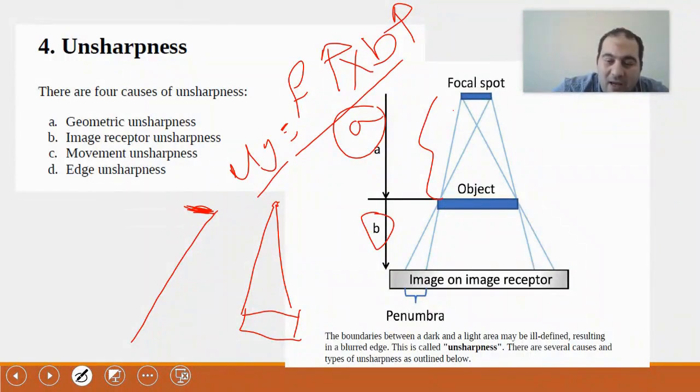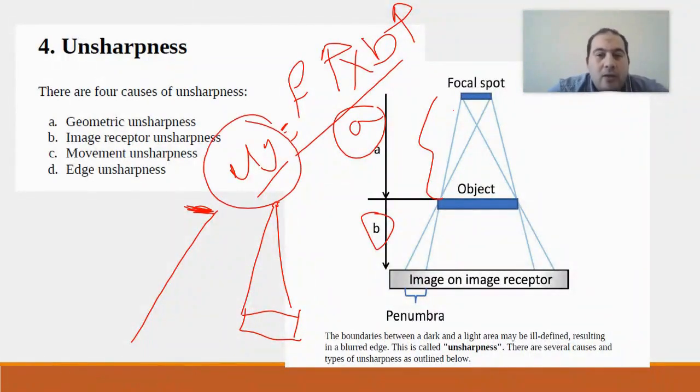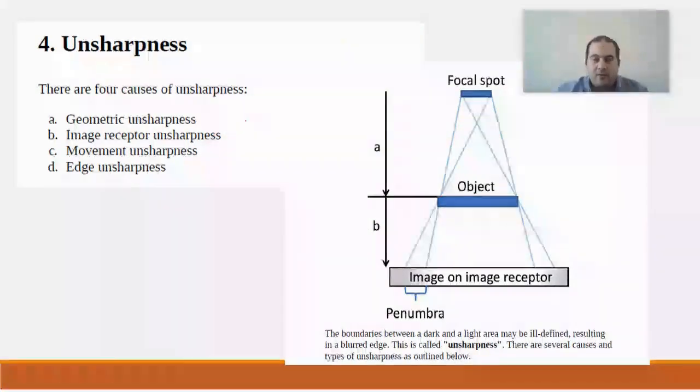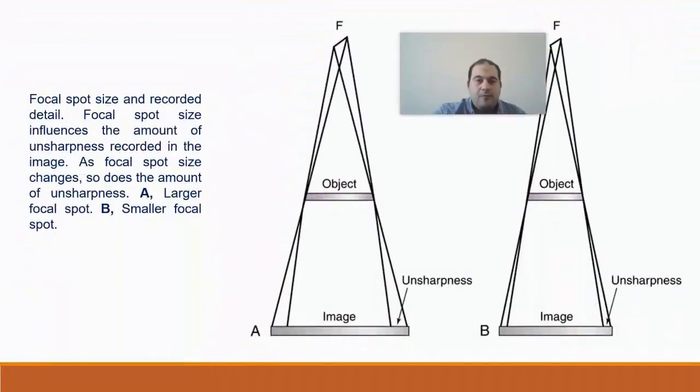This means that the farther your object is from the image receptor, the greater the distance between the focal spot and the object, which reduces the existing unsharpness, therefore increasing the focal spot size. And the distance from the object to the image receptor increases geometric unsharpness, which reduces blurring and resolution. A larger focal spot size increases geometric unsharpness, which increases the penumbra and decreases resolution.